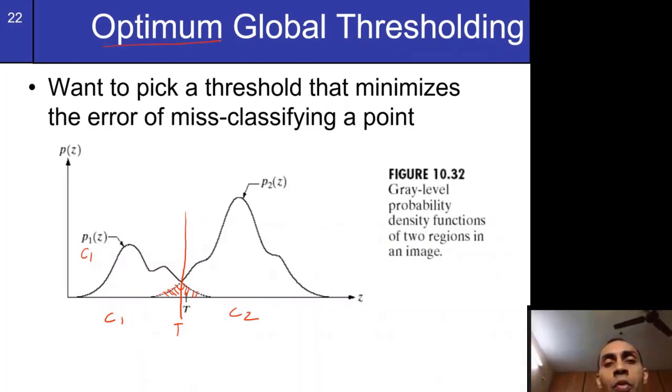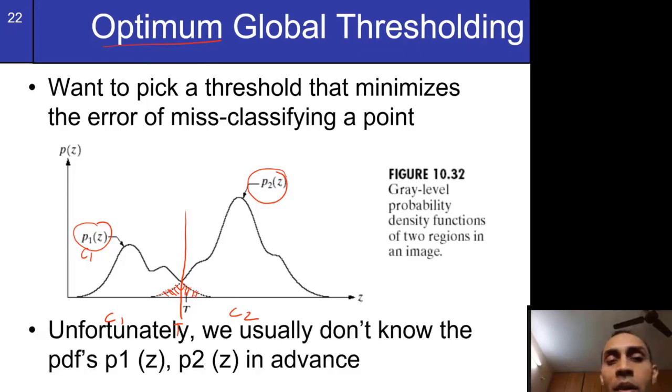In order to do an optimum classification, you will have to use some kind of optimization technique by which you count the number of pixels misclassified here and the number of pixels misclassified here, and you adjust your threshold value so that this is minimized. If you know these distribution functions P1, P2, you can write a probabilistic optimization, some kind of Bayes optimization strategy, by which you choose the best threshold value, which ends up with minimum classification error.